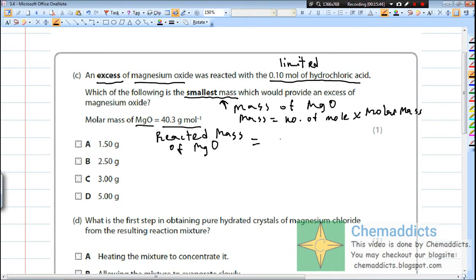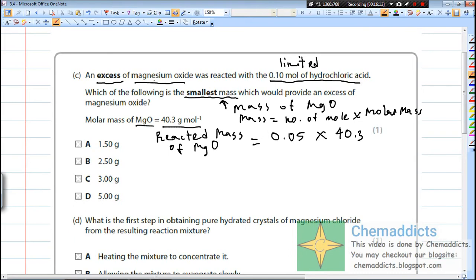So here the number of moles is 0.05, multiplied by 40.3 grams per mole. So wait, I know fellas, you will ask why we would get this amount.